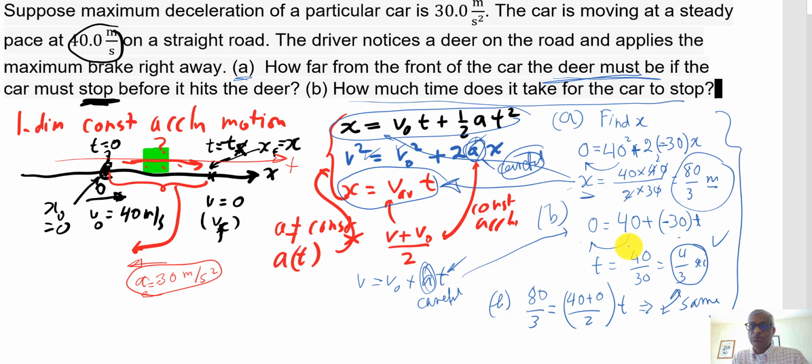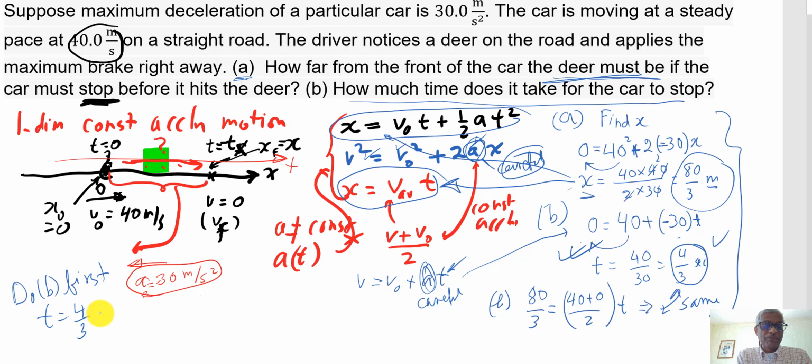But the upshot is there are many different ways of doing this problem. One way would have been to do B first. So you get t using this: t is 4/3 seconds.